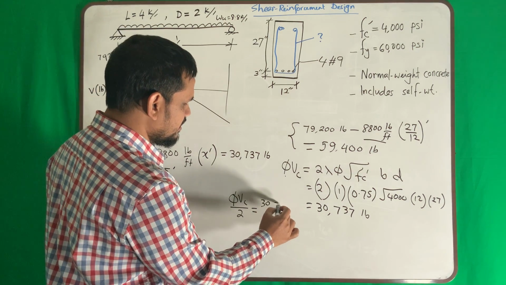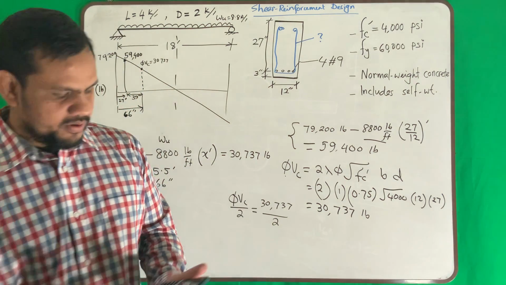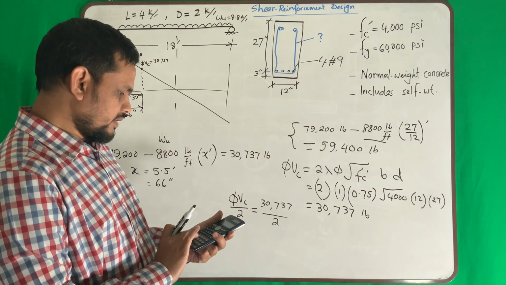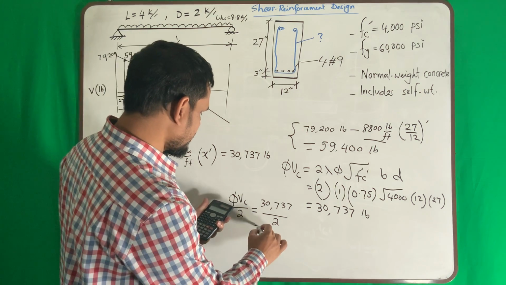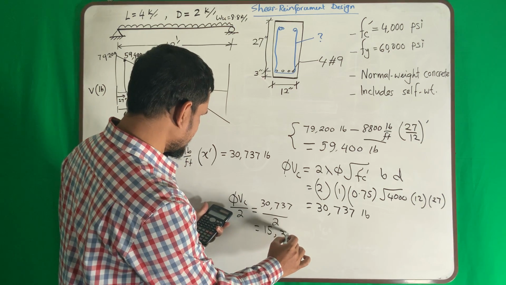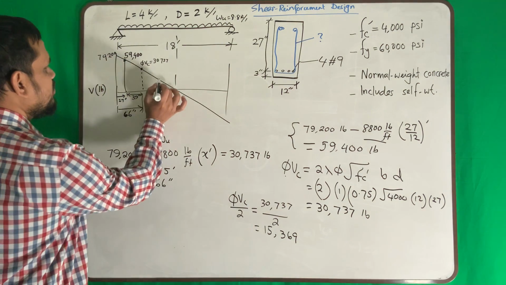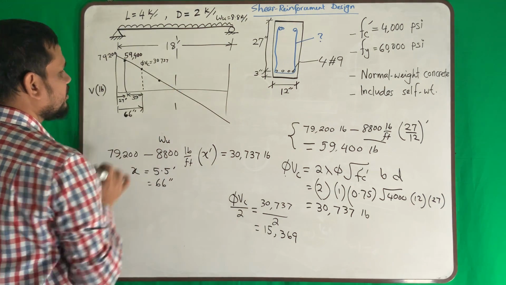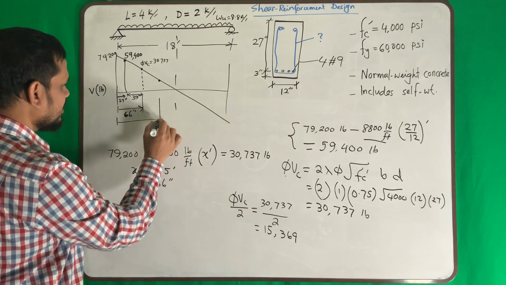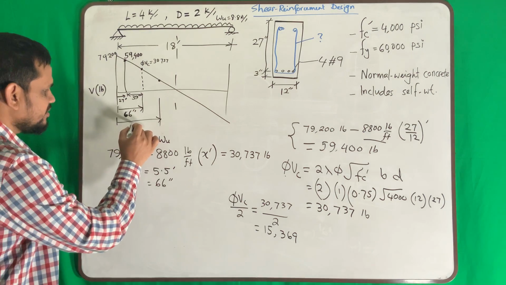So 30,737 divided by 2. What is that value? So 30,737 divided by 2 is obviously, you know it, 15,369. Okay, now we need to locate where it is located. We need to locate this value. Same concept, say this time I am using y.